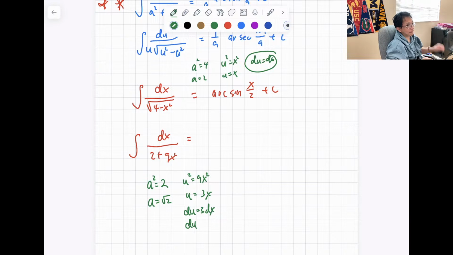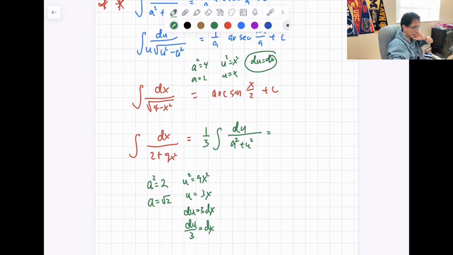So du over 3 is equal to dx. Do you see that? So that's going to be du over 3, and this is a squared plus u squared.